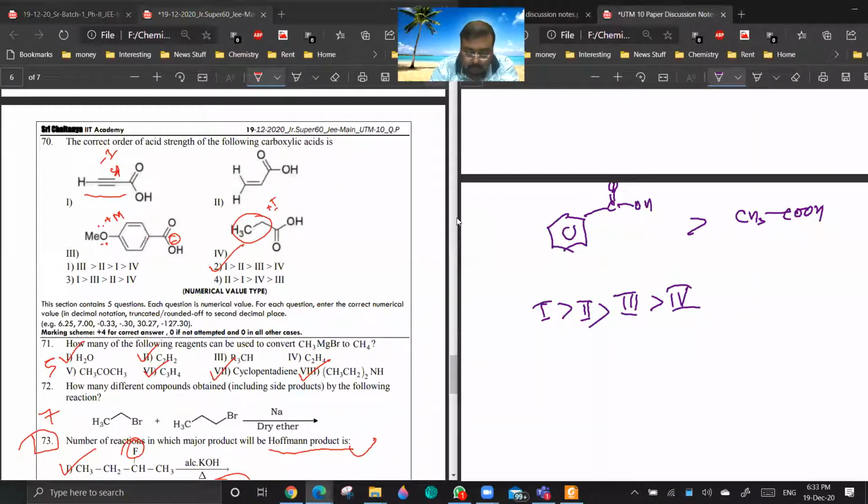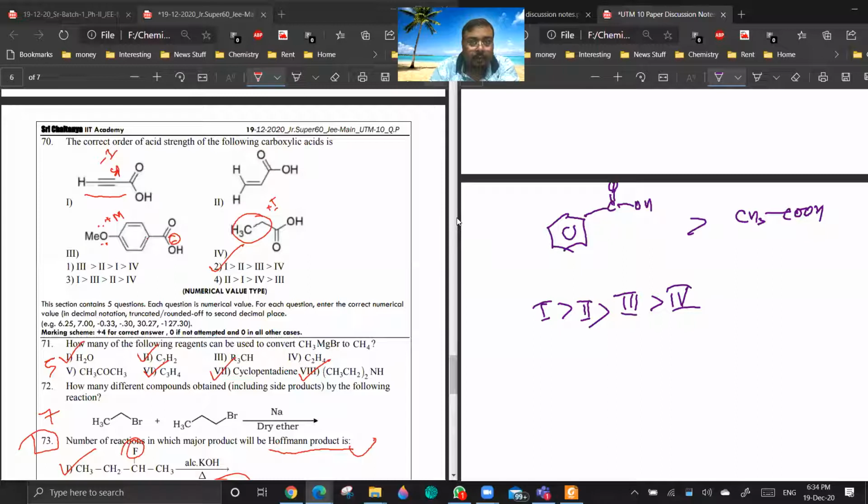Sir, can you say the difference between 2 and 3 again? See, here there is less cross conjugation and less minus I effect. Between 3 and 2, 1 will have maximum because of sp carbon; the minus I effect is very high. Are you getting my point?